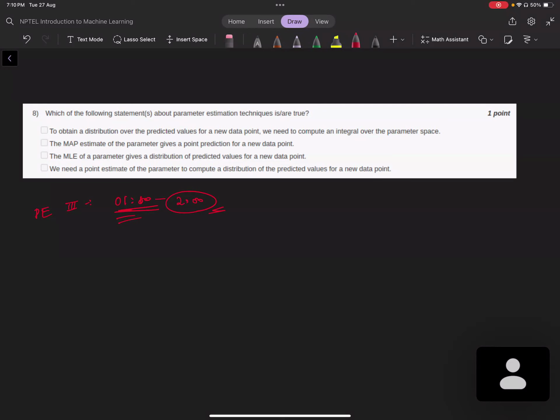But intuitively, you have to compute the integral. I don't recall the exact equation, but let's say you have some point estimates, and you have to calculate the distribution these points follow. You have to integrate over the parameter space to get it. Okay.